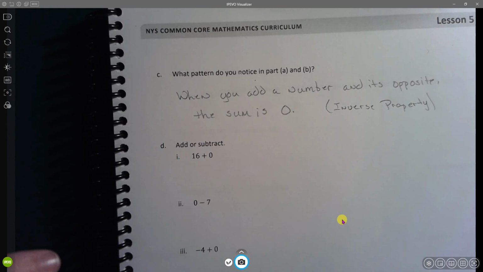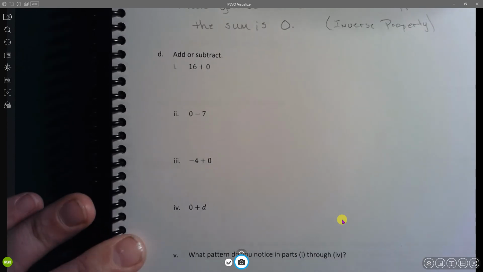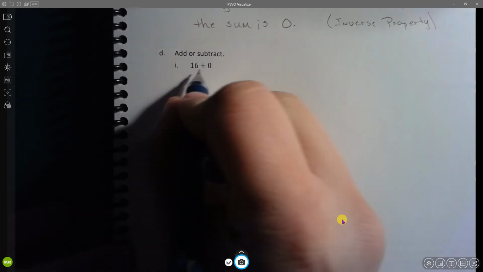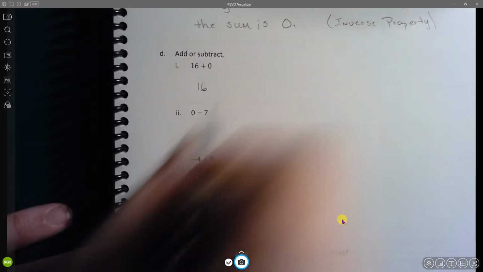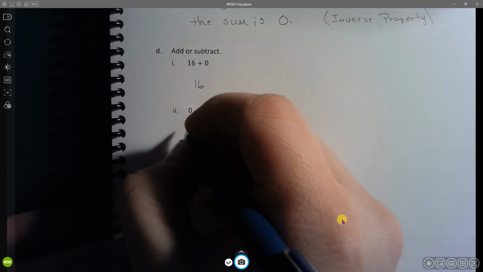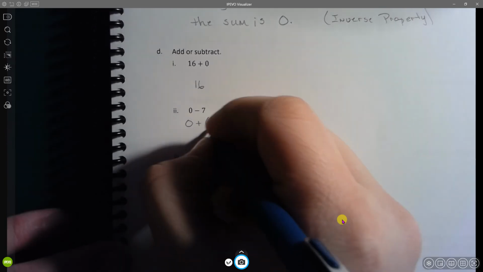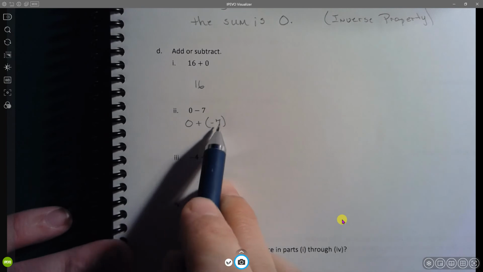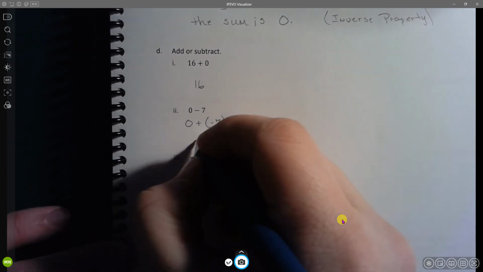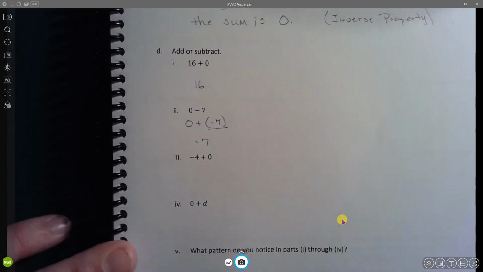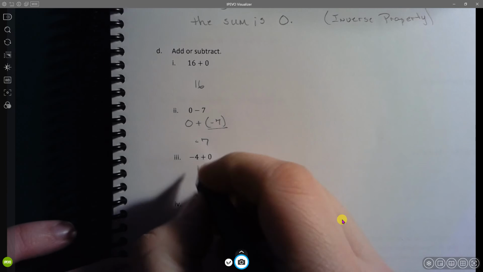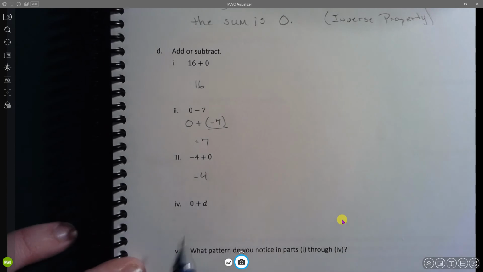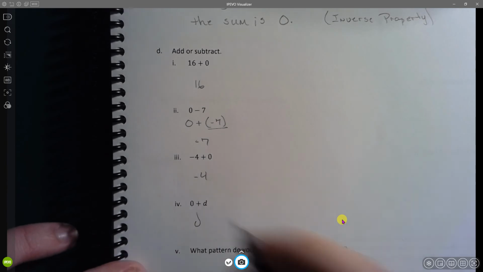So now let's take a look at D. Add or subtract. 16 plus 0 is 16. Now remember, this is 0 plus a negative 7. Anything plus 0 is just going to be the original number. So this is a negative 7. Negative 4 plus 0 is a negative 4. 0 plus d is d.